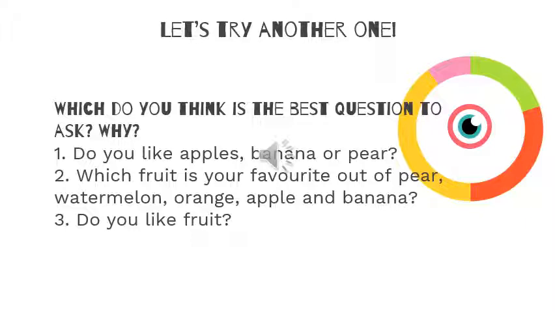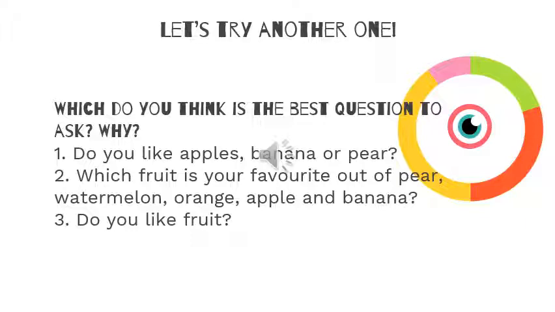I wonder. Have a look at the first one. Then compare that to the second one. I'm thinking which one of these questions gives more information. Then the third question. Does this give you a few different choices to make? Or is there only a yes or no answer?